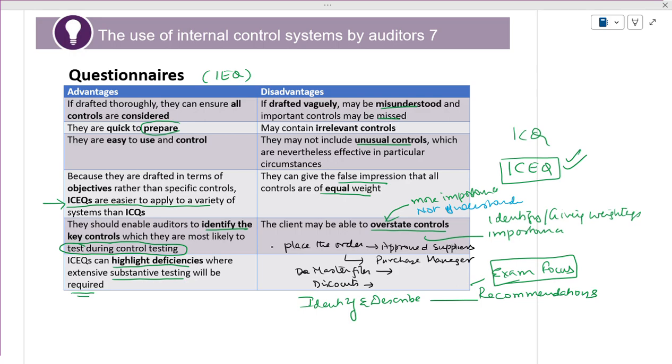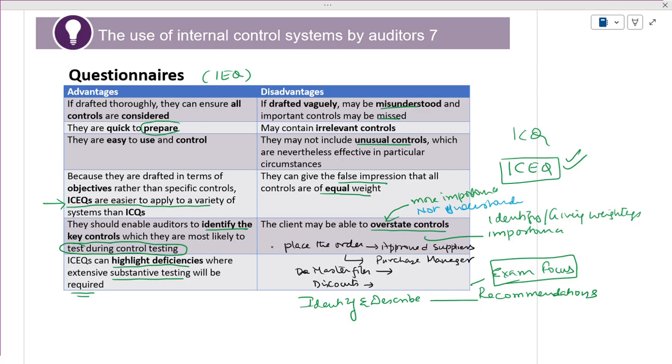It is a material misstatement if discounts have been given by a salesperson without any authorization. If you are accessing master files, it is a control deficiency. Only a designated person should have the authorized access to the master files. These are the various examples.